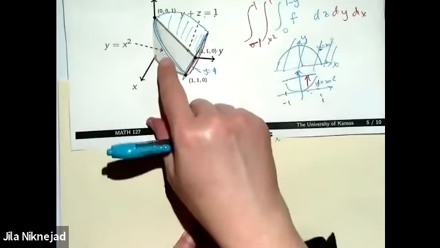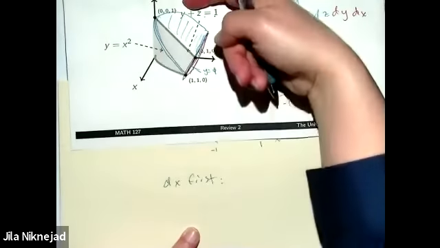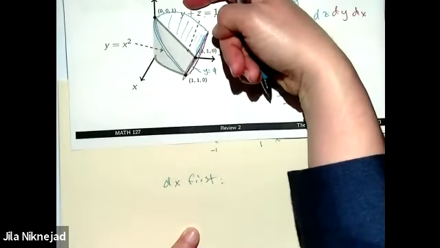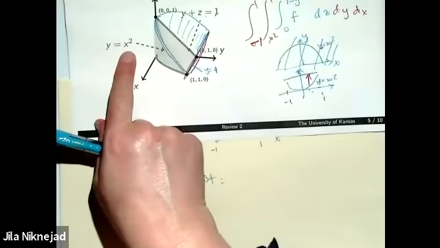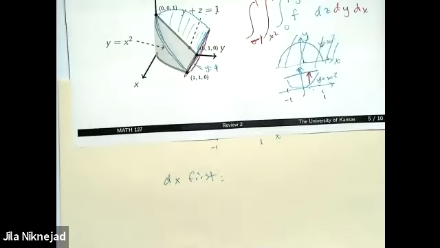See, there's this wall and there's the back wall, right? Both of them belong to y equal to x squared. But one of them is when x is on the negative side, and one of them is when x is on the positive side.